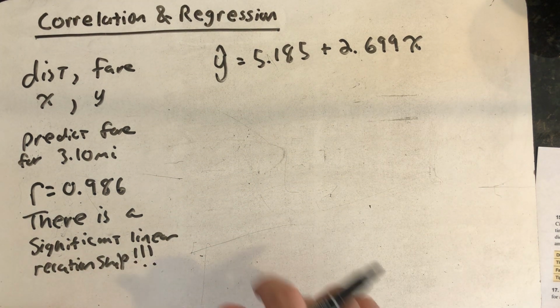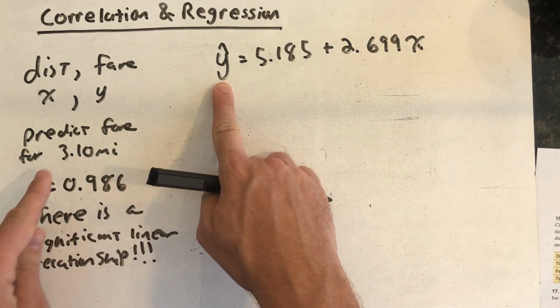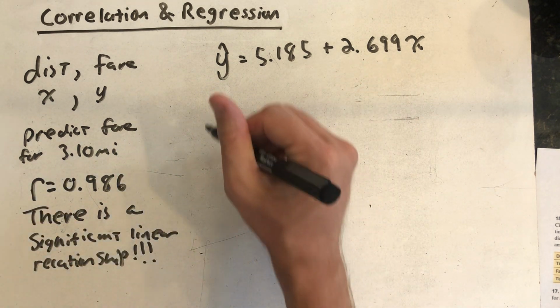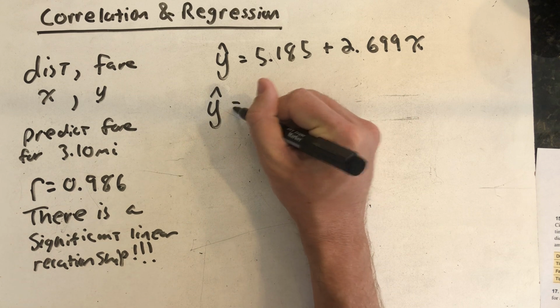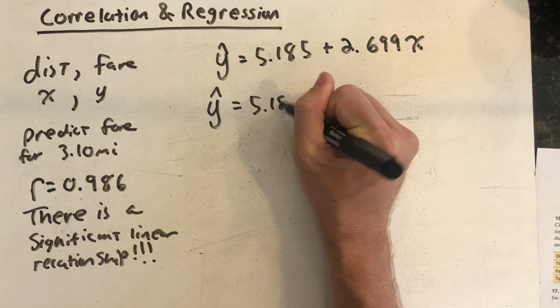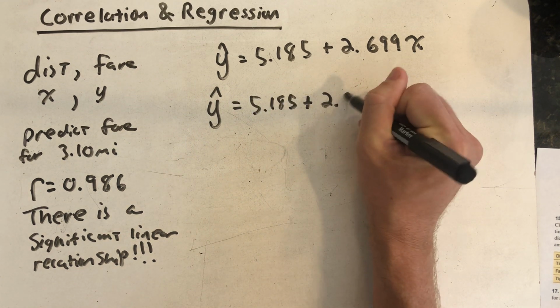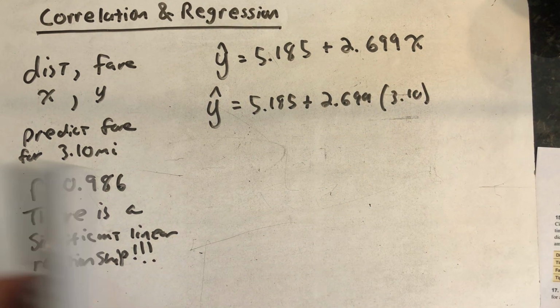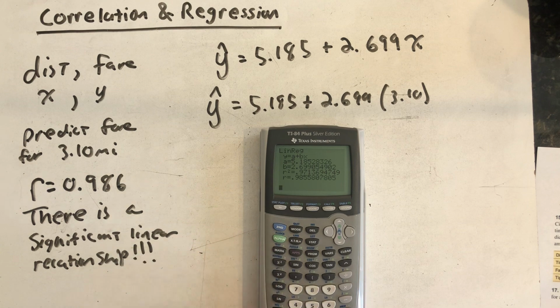I was supposed to predict a fair, a y value, based on an x value, a distance of 3.10 miles. So I'm going to clear that out, type in 5.185 plus 2.699 times 3.1.